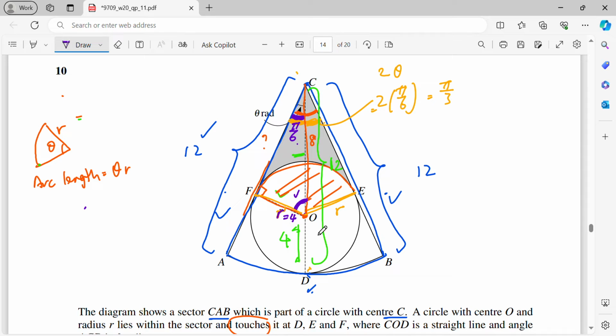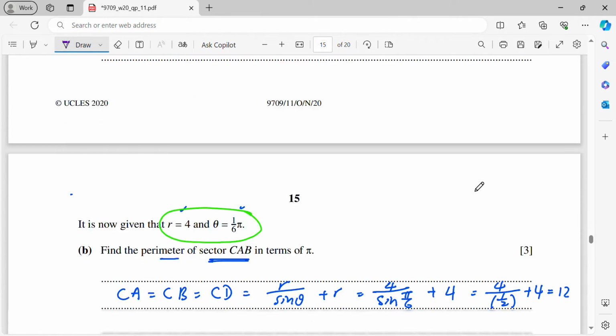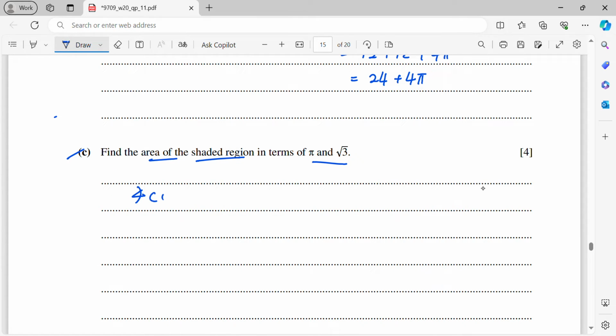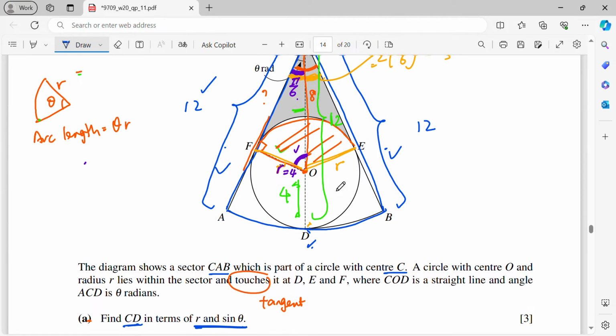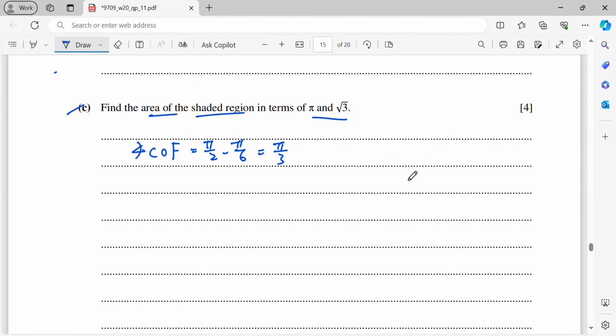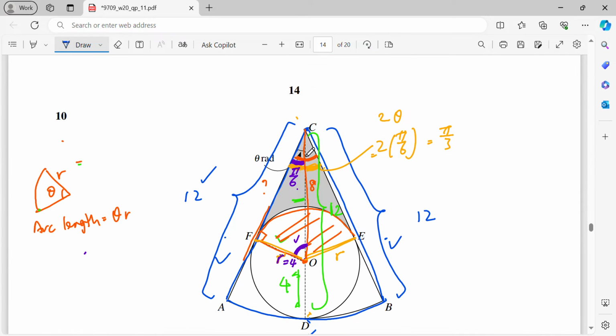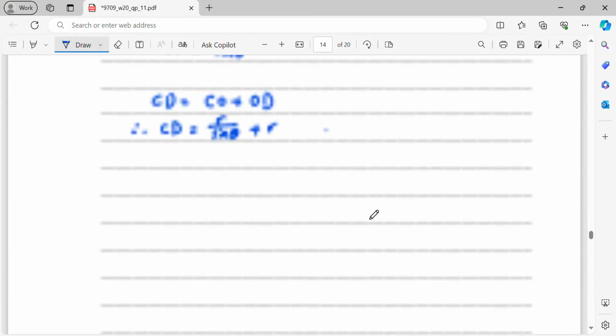So angle COF equals to pi over 2 minus pi over 6. That is going to be pi over 3. So now I will draw the triangle. Okay, draw the triangle. So this is pi over 3. Here is 4. And this is 8.